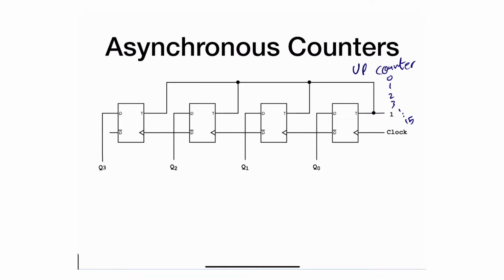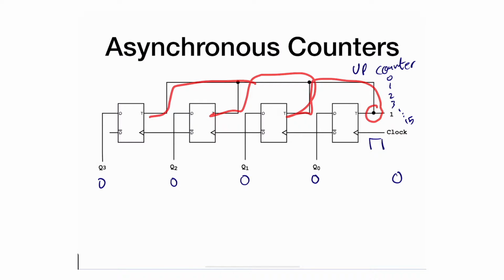So let's see how it operates before we actually go and build them. For the sake of example, we're going to start with the reset condition where the first number is 0 decimal. What happens next? Well, I will have a clock signal in here. And according to this, I have 1 at the toggle. All of them are connected to this one. So all of them will be toggling when they get a clock edge, specifically a positive edge.